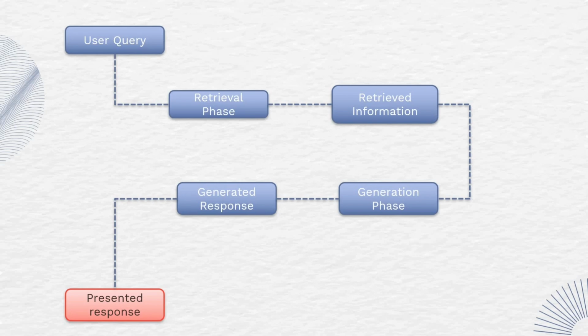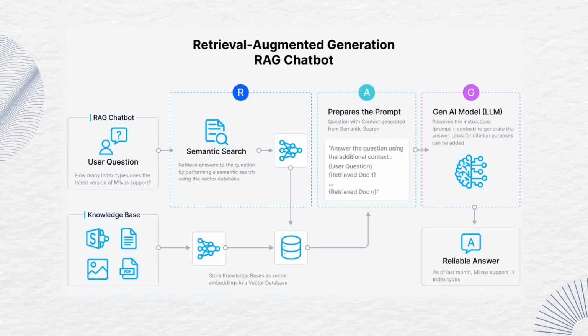Now this RAG mechanism can be used in various scenarios for various use cases. So let's take a practical example to understand this better. The example centers around a chatbot which is powered by LLM and is utilizing the RAG mechanism to produce its response. We'll try to understand that by means of this particular diagram.